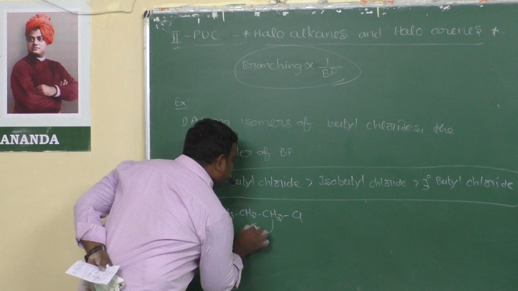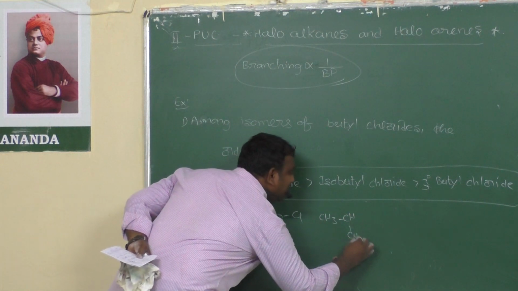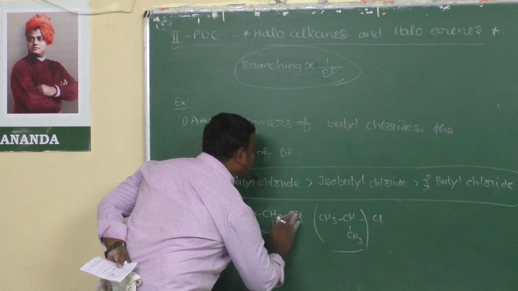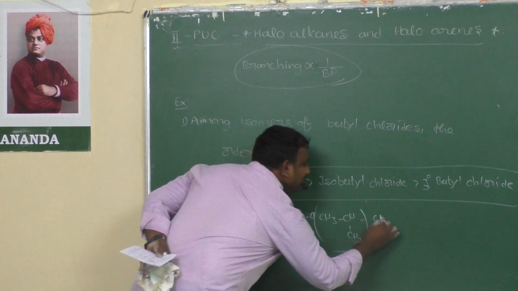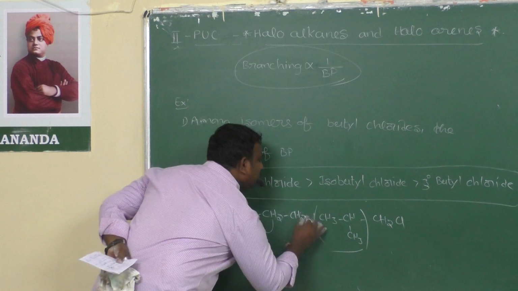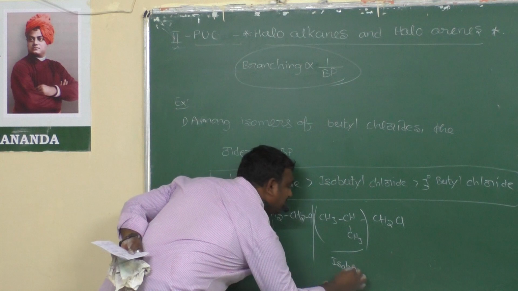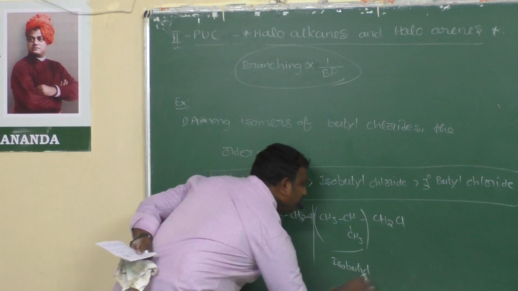On shifting this one to this one, you will get CH3CH(CH3)CH2Cl. This group is always called iso. So, total number of carbons is 4, so for 4 carbons the alkyl group is isobutyl.